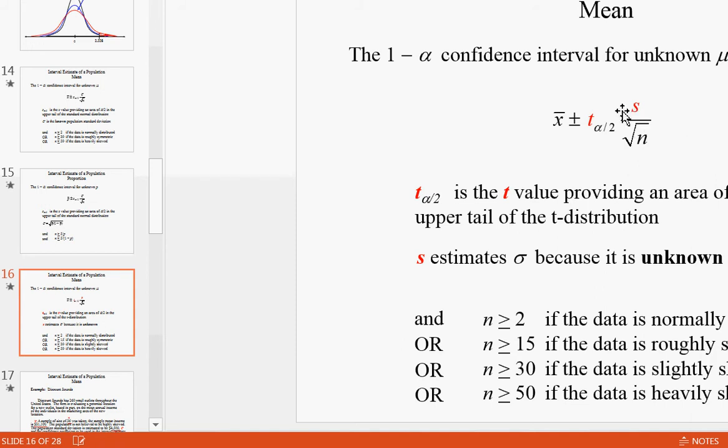What is S? S stands for standard deviation, whether it's Greek or whether it's Times New Roman and italicized. Italicized Times New Roman S means standard deviation. Sigma means what? Standard deviation!